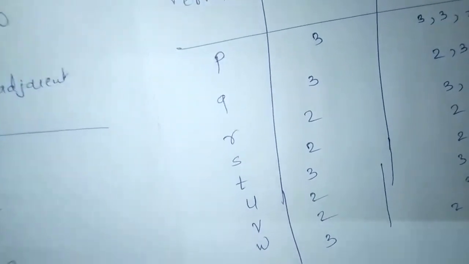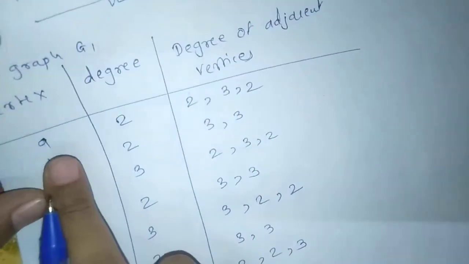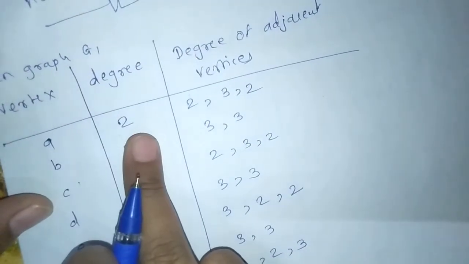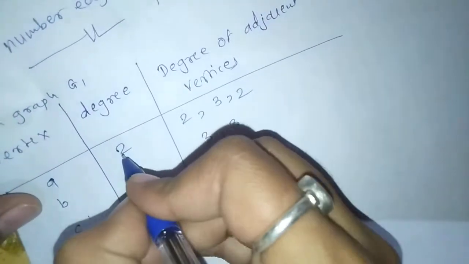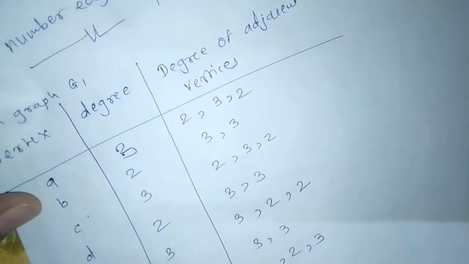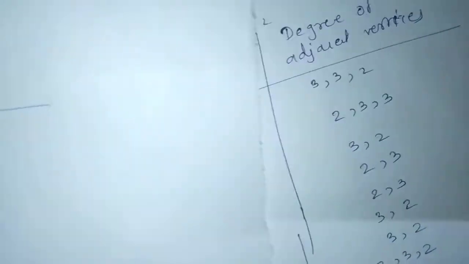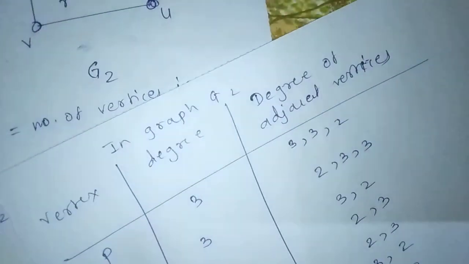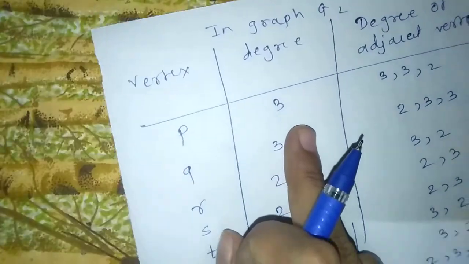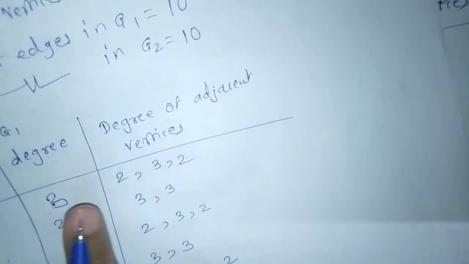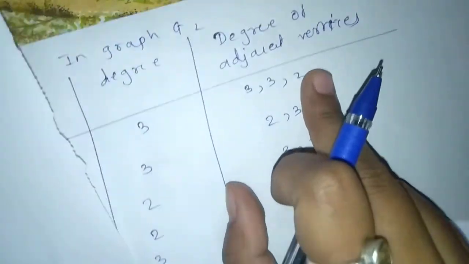Now for the isomorphism, you can see that in graph G1, degree of A is 3. I wrote down 2 here, so correct it, 3. Here also degree of P is 3. And degree of adjacent vertices of this is 2, 3, 2 and here 3, 3, 2.